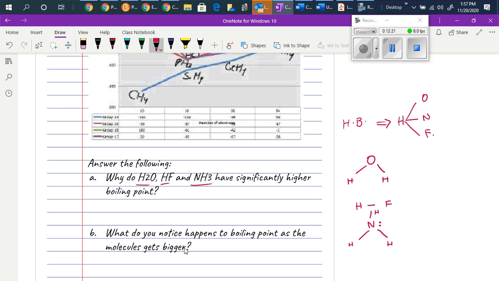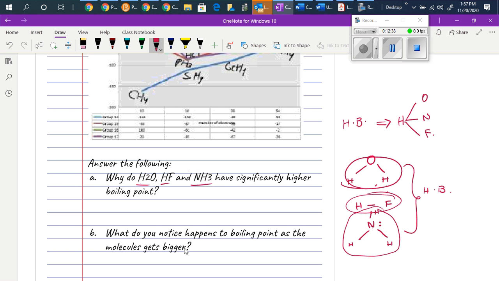And we have lone pairs here. So we see that hydrogen is directly bonded with nitrogen, fluorine, and oxygen. Therefore, all those three will have the hydrogen bond. So the reason why is the fact that the force they are experiencing is hydrogen bond, which, as we said, is the strongest force.